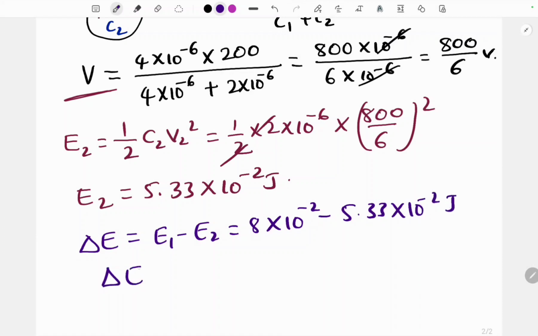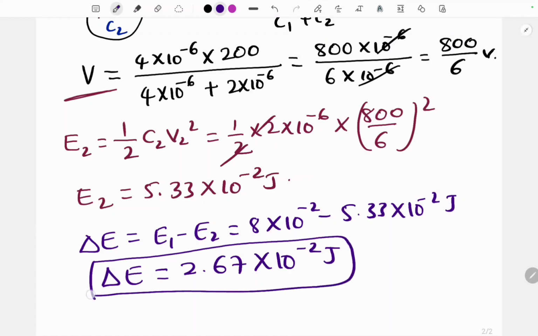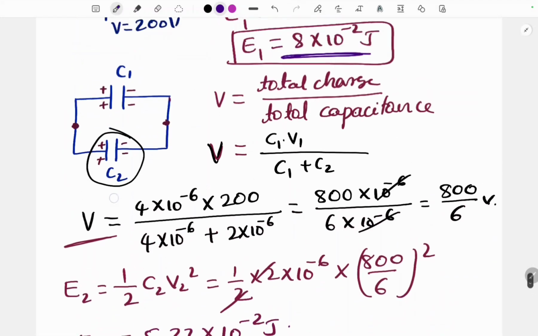So change in energy is equal to 2.67 into 10 to the power minus 2 joules. This will be the energy lost by the first capacitor.